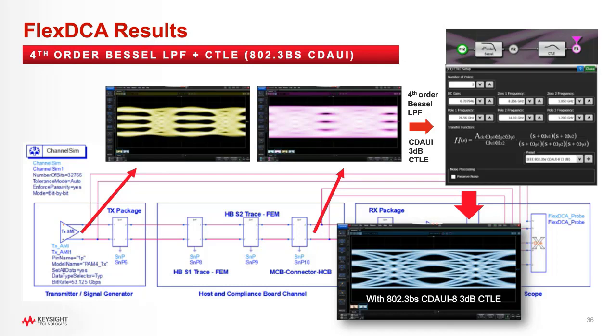However, by using the math function from FlexDCA, like shown in the upper right corner of this slide, you can put a fourth order Bessel-Thomson low-pass filter along with the CTLE that can be directly applied to simulated waveforms from ADS to complete the IMASC compliance test.